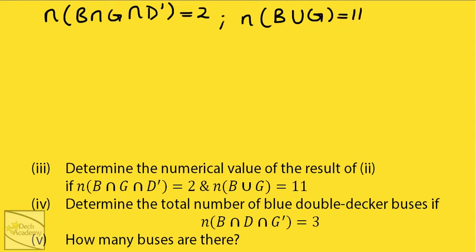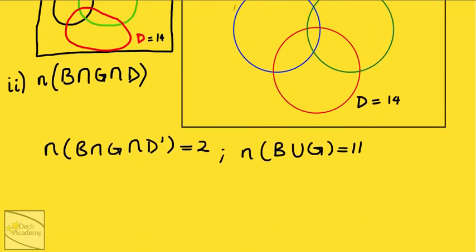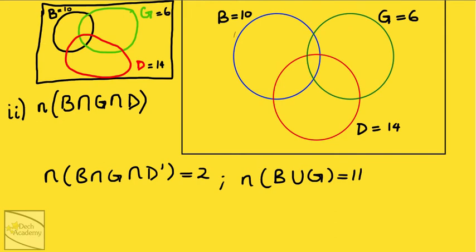So I'm just going to show that on the diagram. I'll use a different color. Let's use purple. If the number of elements in B union G is 11, that can really be shown easily.